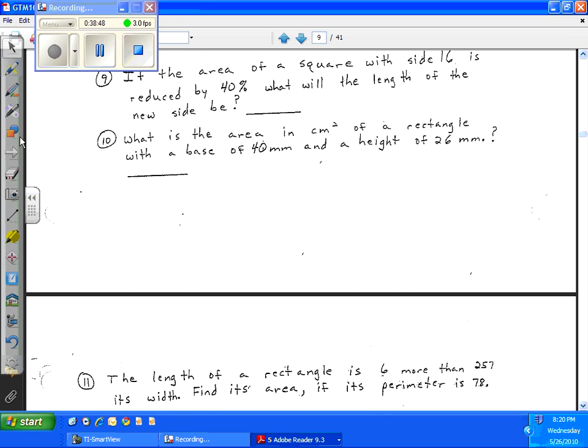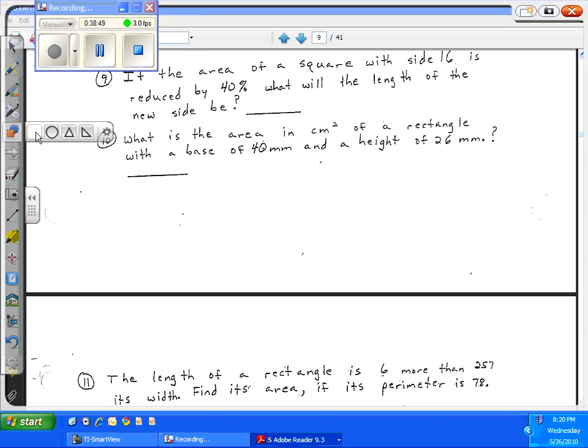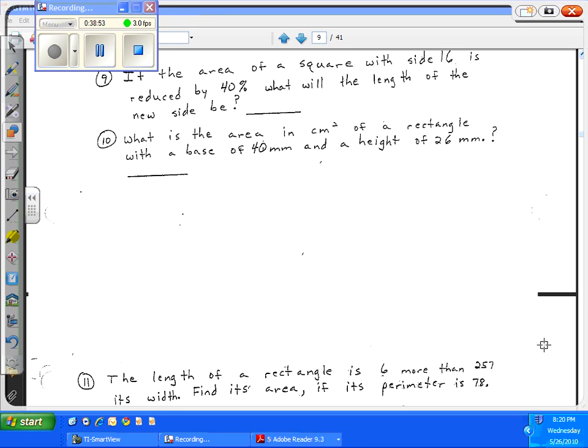Sorry about all the wiggling of the screen there. Number 9 may be a little challenging, but it's in the odd answers, right? So you can go look at that and kind of figure that out.